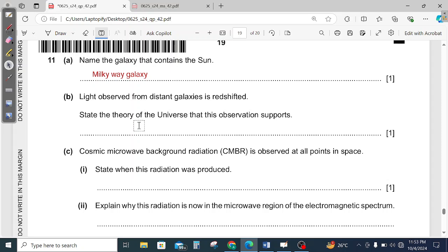The red color means that the wavelength of the light coming from a distant galaxy is expanding. As a result, the color of the light shifts towards the red region. That is why it is called redshift. So this states the theory of the universe: the Big Bang theory explained that our universe is expanding.